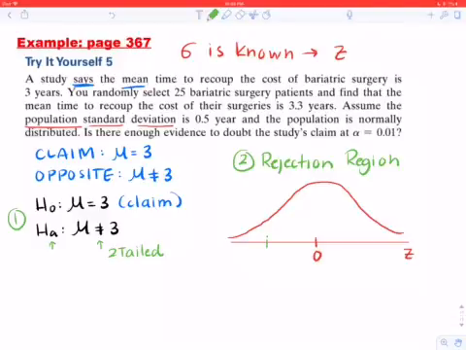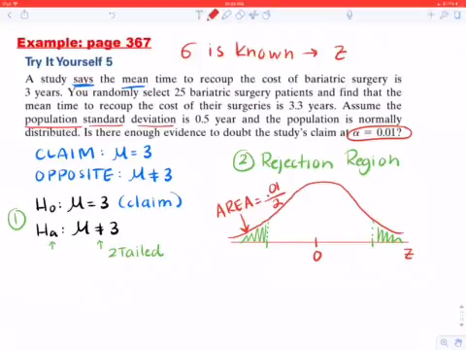Now, two-tailed test, because the not equal to could be less than or greater than, you're going to have a rejection region that's split, half on the left side, half on the right side. Now, anytime the rejection region is split, and this is something else that we talked about last class, you are still going to use that level of significance as your area, but because the area is split between the left and the right tail, for a two-tailed test, you will always divide that by 2.